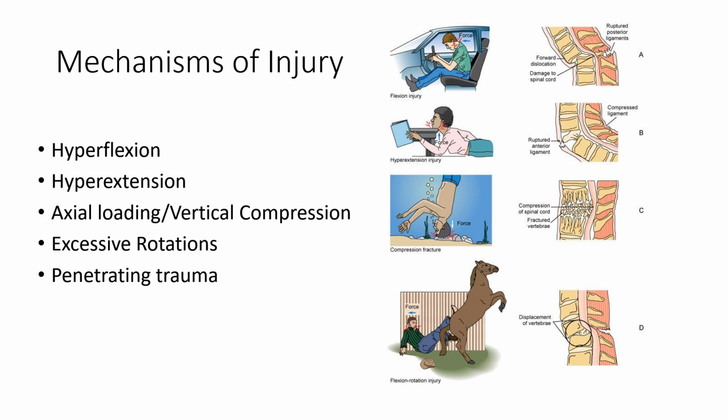An example of an excessive rotation injury would be caused by turning your head beyond the normal range, and you can see how that could happen if you fell off the back of that horse and hit the fence. A penetrating trauma would be from a knife wound, which would be a low impact injury, to a gunshot, which would be a high impact injury.